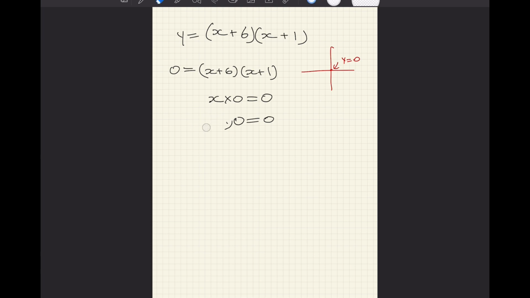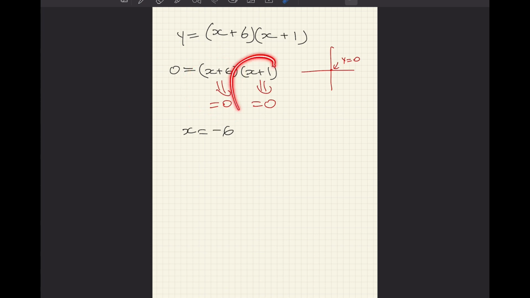So that means that either x + 6 equals 0, or x + 1 equals 0. Now, what value of x will make x + 6 zero? That is going to be −6. So plus 6 minus 6 is going to make this 0.